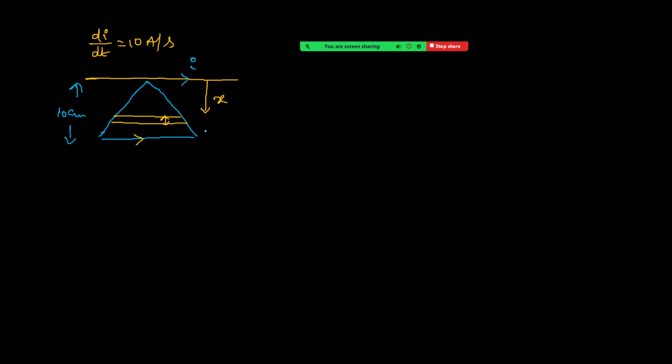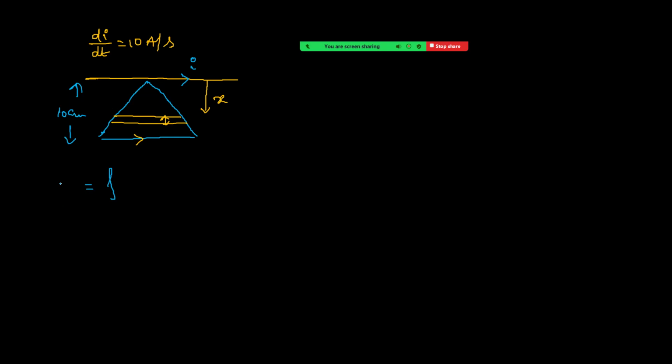But now, using the reciprocity theorem, assume that current flows in the long wire and calculate the flux linked with this triangular loop. Coming to the B value, I am calculating the flux here.